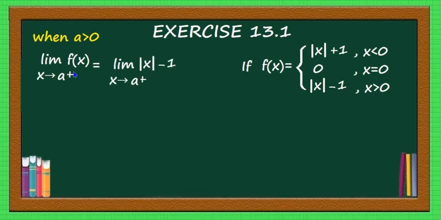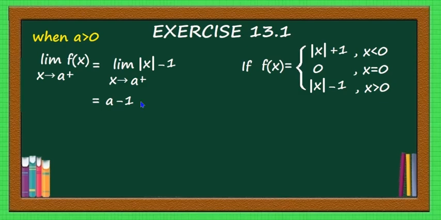That is equal to the limit as x tends to a plus of mod x minus 1. When it is positive, what is f of x? Mod x minus 1. And what is the limit as x tends to a plus of mod x minus 1? It is mod a minus 1. When a is positive, mod a is a only, so it is a minus 1.